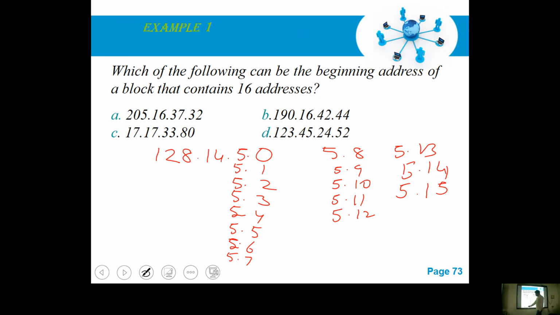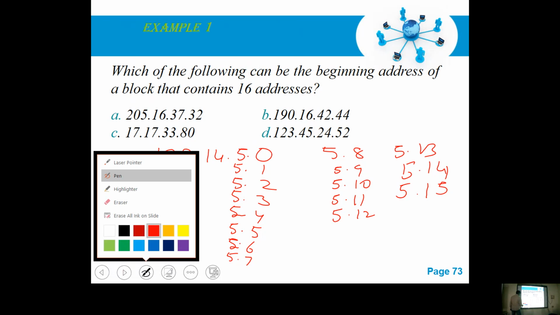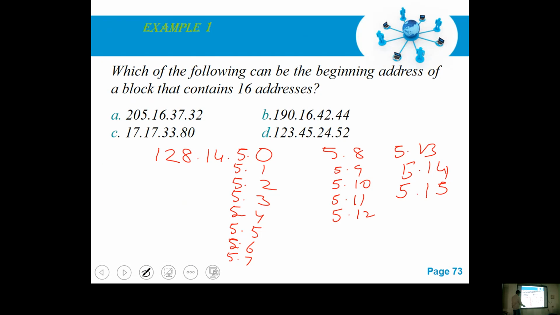For example, if I am interested in giving only for, let us say, 2 addresses, what are the IP addresses I will give? I will give these 2 things, right? If I am interested in giving to 4 addresses, this entire thing I will give for 1 block, and this entire block I will give for another block.